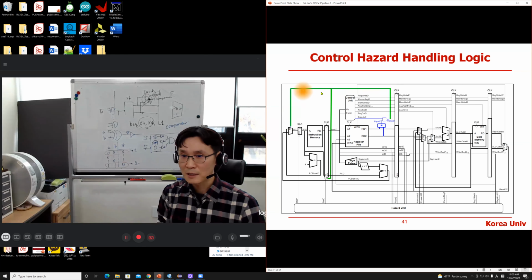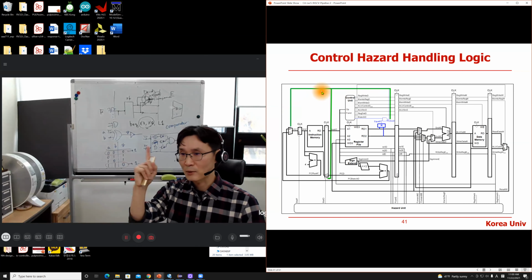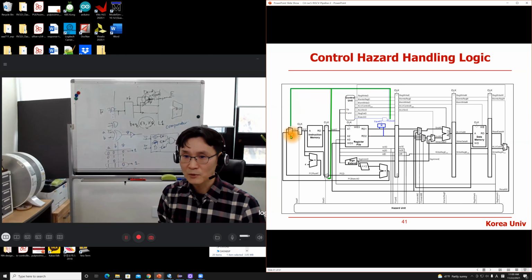One means the branch is taken, so you are selecting the branch destination.